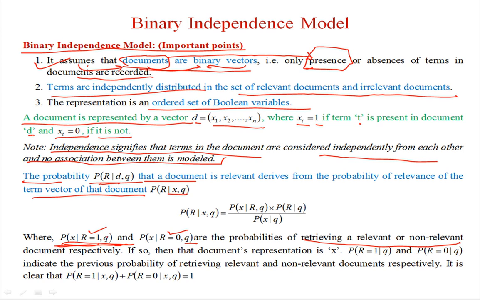P(x | R=1, Q) represents the arrival of documents when query term Q is present in the document and the document is related to that query term. P(x | R=0, Q) represents that the document is not relevant to the query terms while the query term is present in that document.